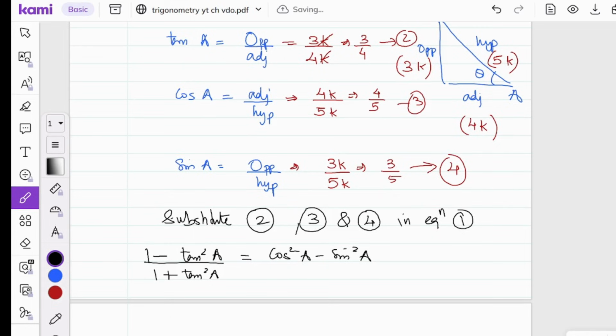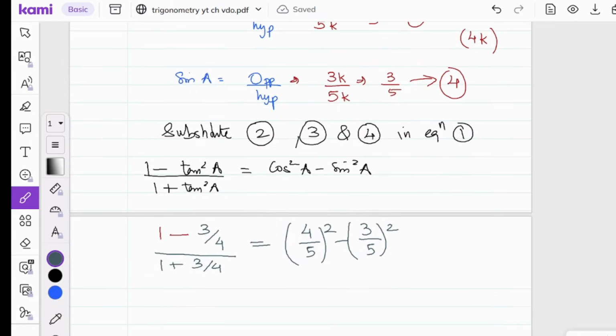Tan A equal to 3 by 4. I can write this as 1 minus 3 by 4 divided by 1 plus 3 by 4, which is equal to, cos square A, that is 4 by 5 the whole square minus 3 by 5 the whole square.